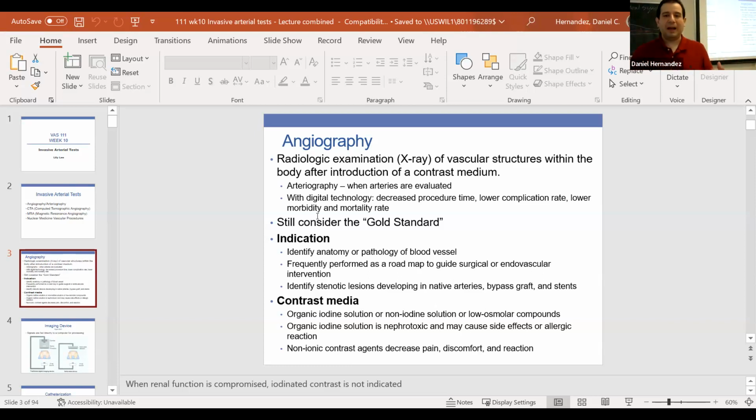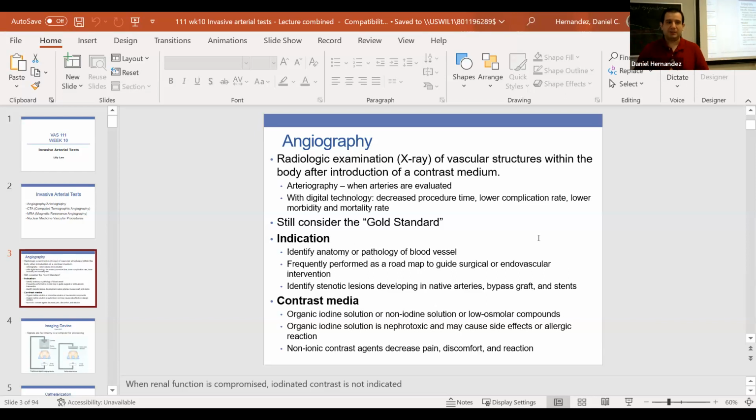But we do have invasive arterial testing, and the most common being angiography. So angiography utilizes an X-ray. It's a specific form of X-ray referred to as digital subtraction angiography.